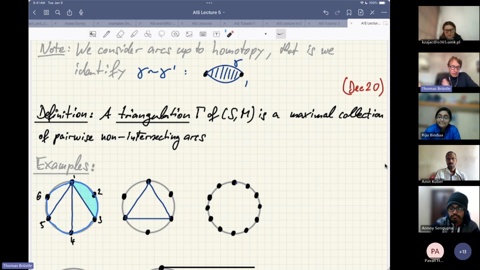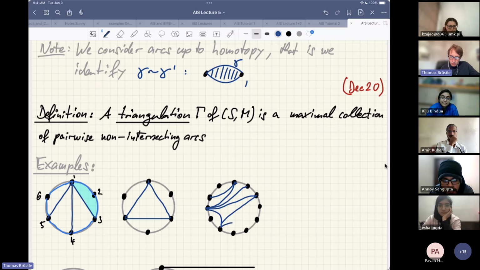They are there, they are the boundary, okay? So I have a triangle here, I have a triangle here, I have a triangle here, and there's a triangle in the middle. So this is a perfectly fine triangulation. And so that example is just there to illustrate that in general you can choose many different ways to form triangulations.